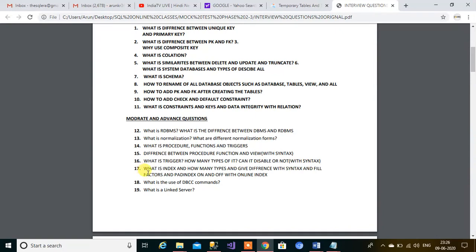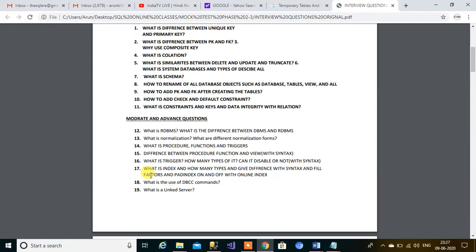And then indexes. Indexes are also very important questions. Why am I saying this? Because whenever you are thinking about query optimization, or looking at SQL and T-SQL development, you will be asked what are indexes, how many types of indexes there are, how we can create indexes, and what is fill factor and why we need fill factor during creation of indexes.